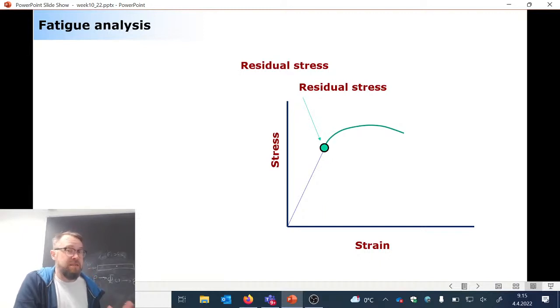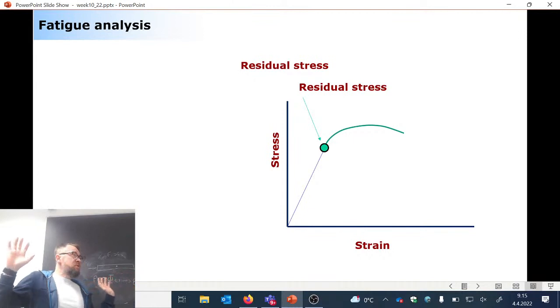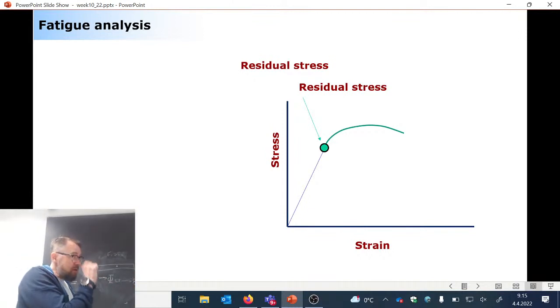It means there's plastic deformation, very locally. This is confusing because when you look at the big picture, you see absolutely nothing. But when you look at the microscopic behavior, you have plastic deformation locally. And this is a very lethal combination.